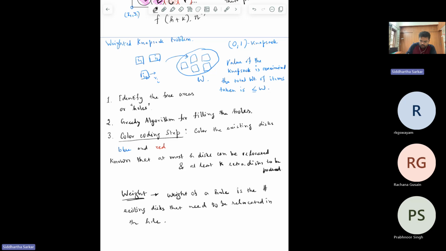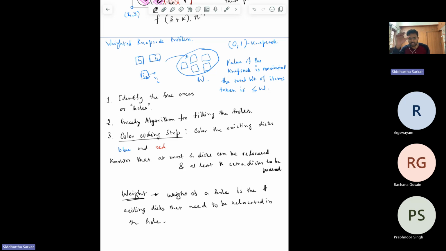So relocation is a cost. You know that within the container there are some of these blue disks. These blue disks you are free to relocate. So if there are more blue disks, then you have more liberty to move things around.